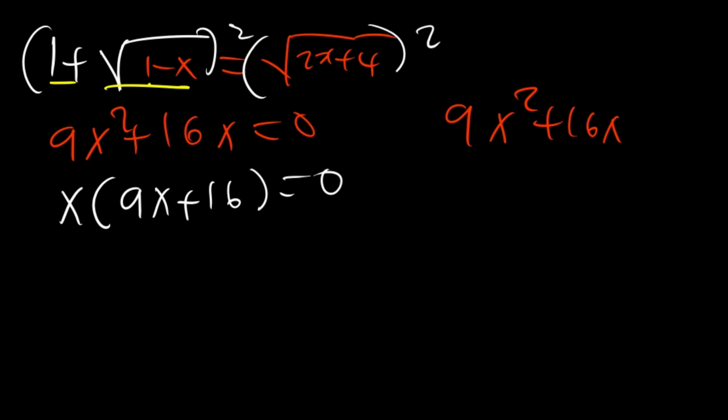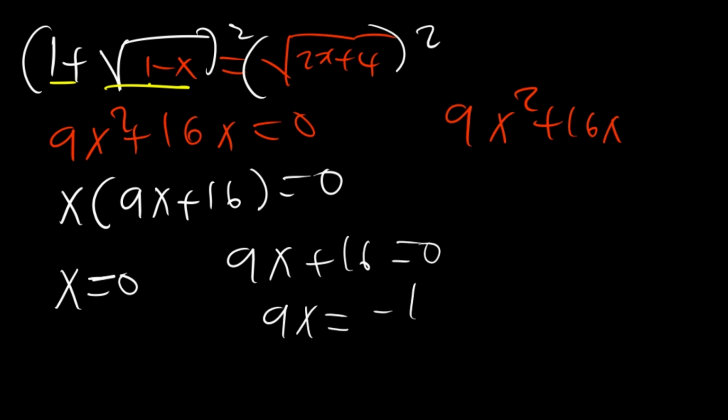Have you seen what I've done? So x should be equal to 0. Then 9x plus 16 will be equal to 0. So 9x is equal to negative 16, divided by 9 on both sides. So we have x equal to negative 16 over 9.